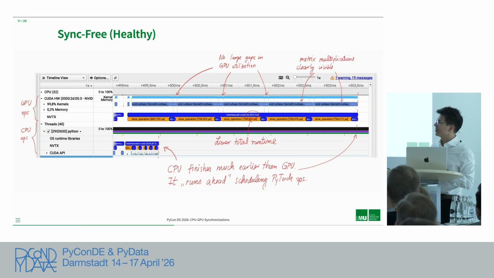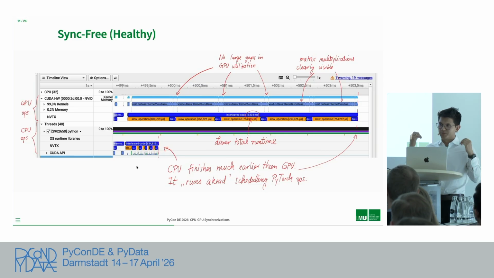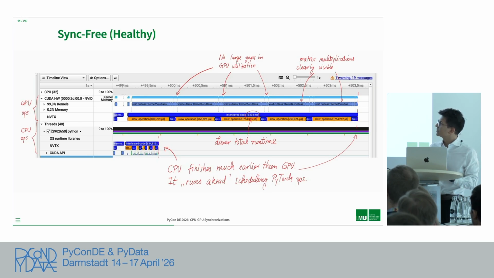But this is just how it's structured. What is most striking immediately is that the CPU timeline is a lot shorter. So it is running ahead. It's scheduling all these operations, slow, fast, slow, fast, slow, fast, slow, fast, scheduling everything quickly. And then the GPU starts working on the stuff a bit later.